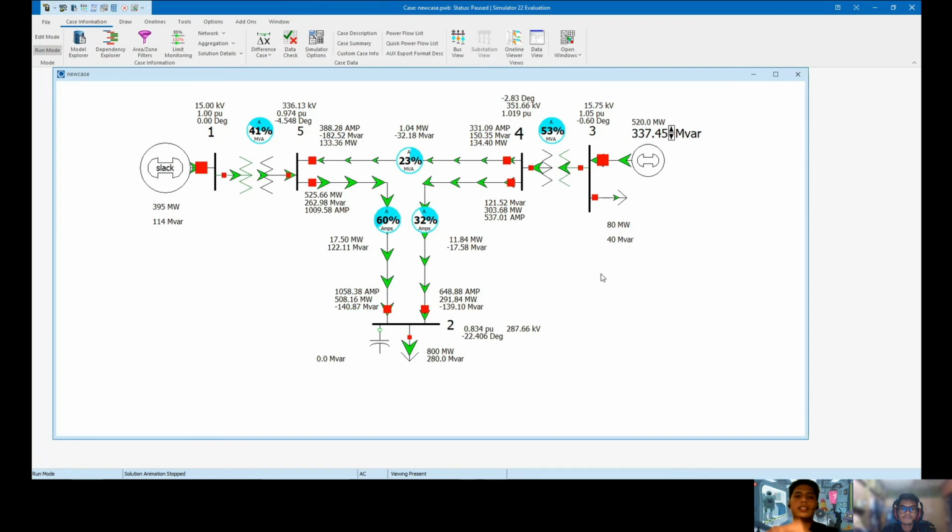UPFC is intensively used in power systems because of its ability to provide flexible power flow control. It is also used like a capacitor bank.